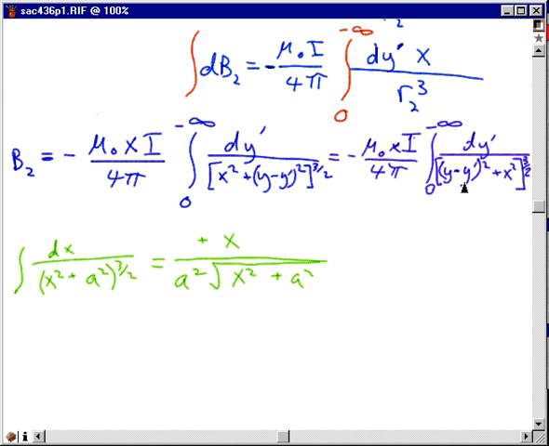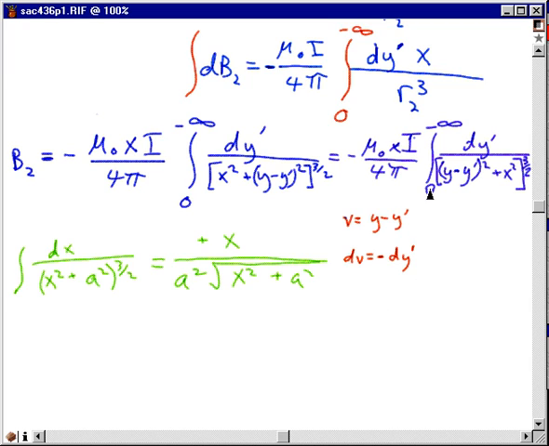So I'm going to make a variable substitution to make it look even more like this integral so that I can write down what the answer is. I'll call this thing that's being squared v, and I'll try to make v the variable of integration so that it'll look just like that one. Let's make v equal to y minus y prime. Then dv, let's see, y is a constant, so the differential associated with it is just 0, and again it's going to be minus dy prime.